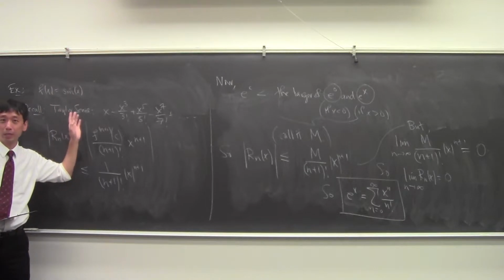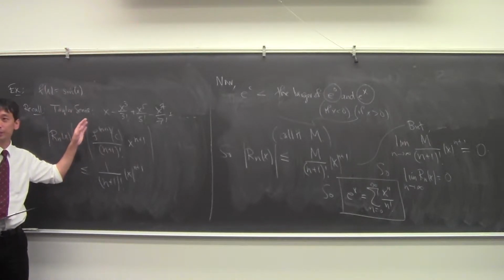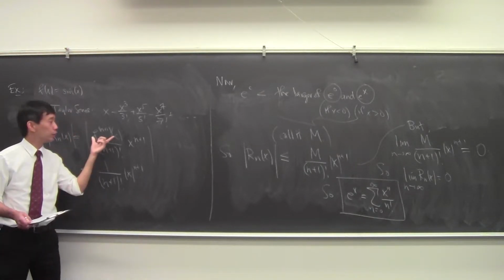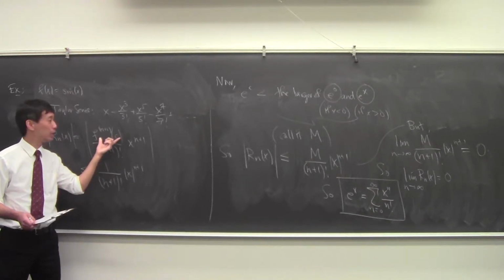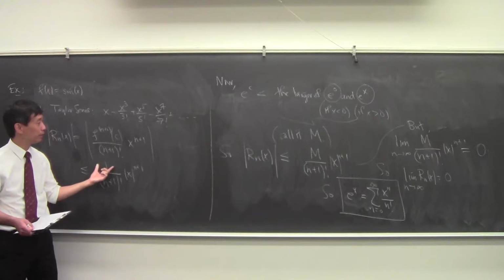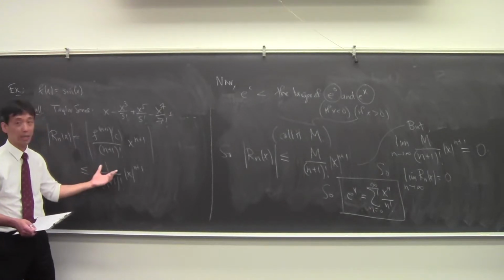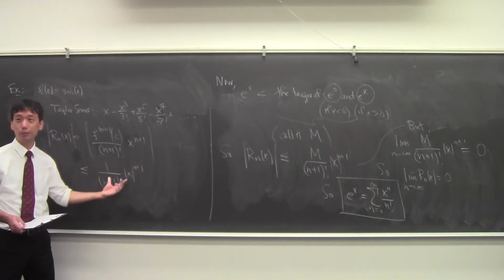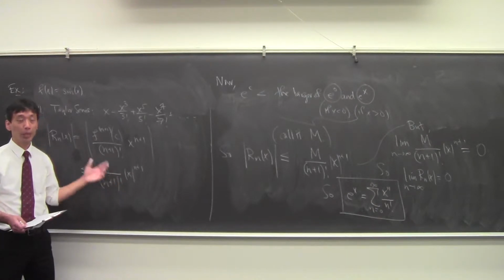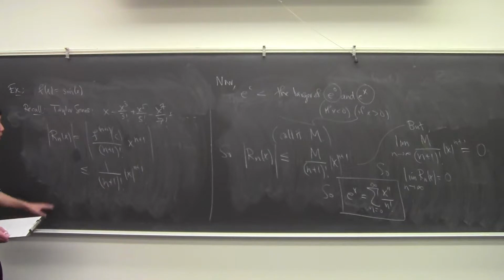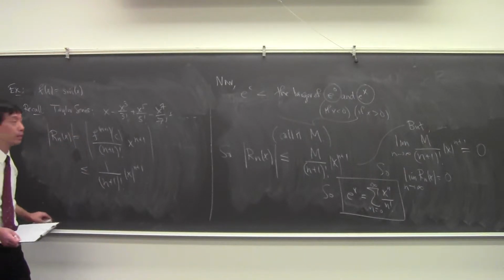Everybody see, getting an idea of how to use the Taylor formula? It's basically try to get some control on the size of the derivative. If you can get some control on the size of the derivative, say it's smaller than 1,000, well, then your remainder is going to go to 0. So that's the idea of the formula.